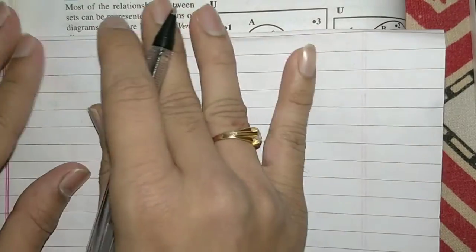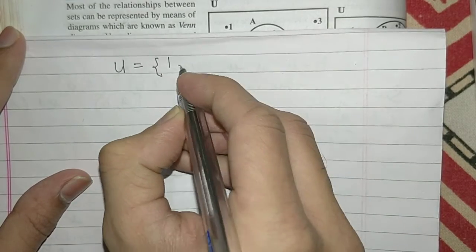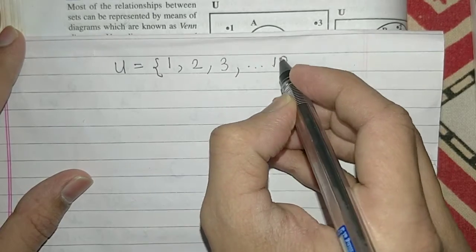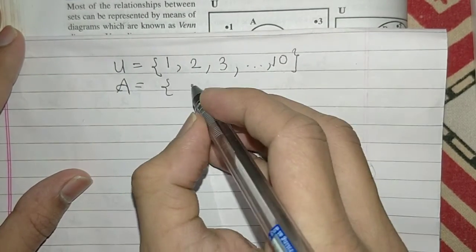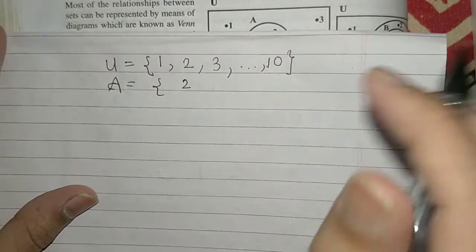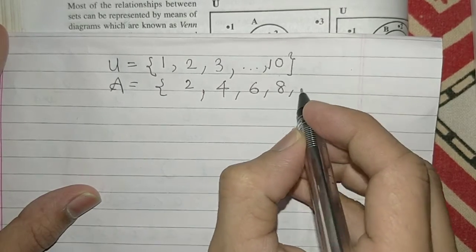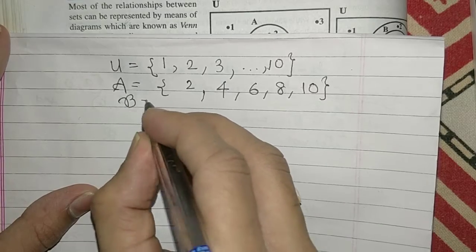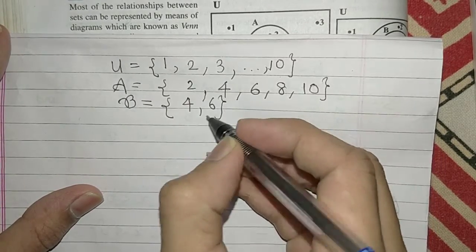Now U is given to be 1, 2, 3 up to 10. The set A is given to be 2, 4, 6, 8, 10, and the set B is given to be 4, 6.